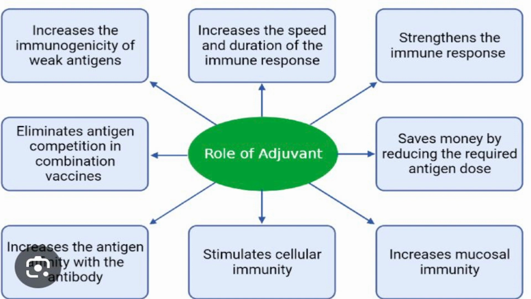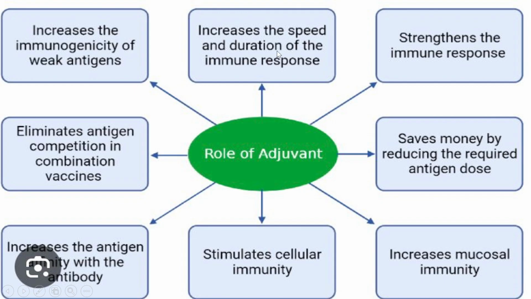So here in this picture you can see the role of adjuvants in vaccine immunization. They increase the immunogenicity of weak antigens. So if we have a weak form of antigen, an adjuvant can increase the immunogenicity of that weak antigen.